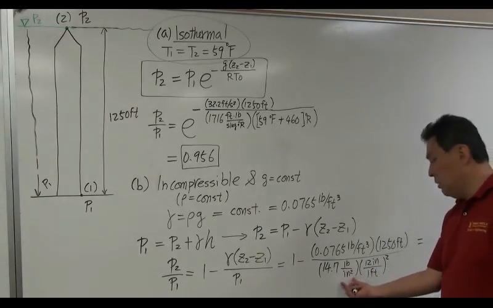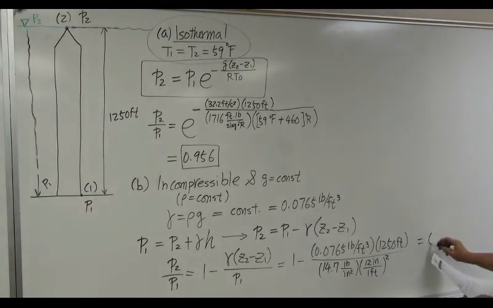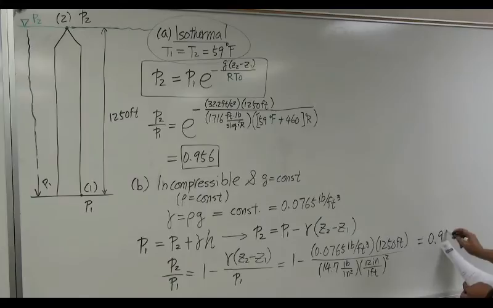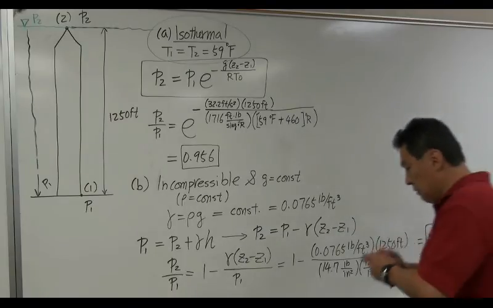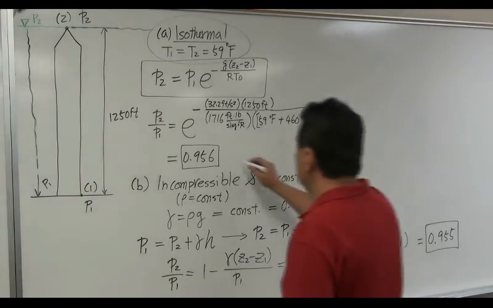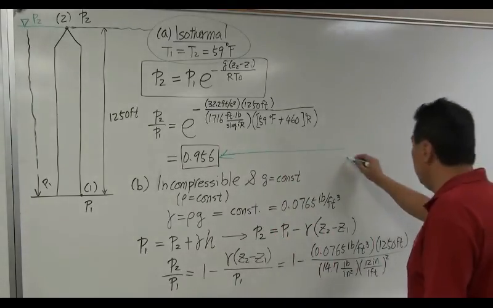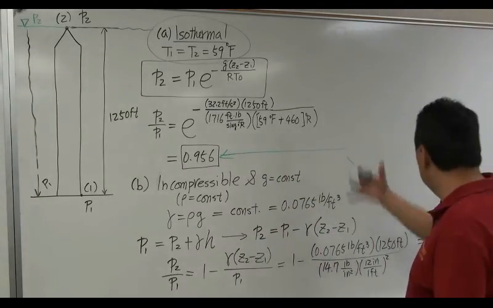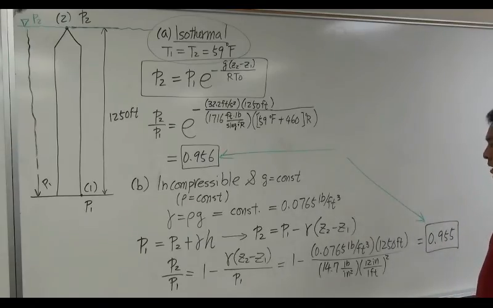You're going to immediately convert inch into foot. Then you're going to have 0.955. So what is important from this example problem? Obviously for height of 1,250 feet, those two are about the same thing. It doesn't make much difference.